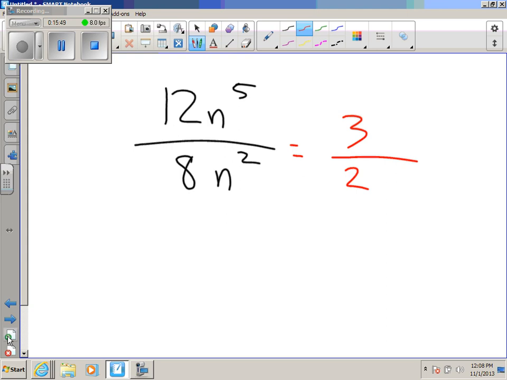So subtract. Where do I have more n's, on top or on the bottom? Top, by how many? So n to the 3rd.